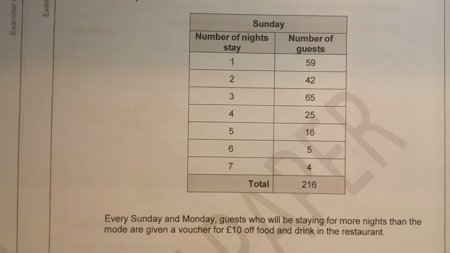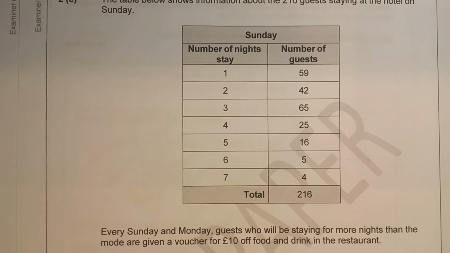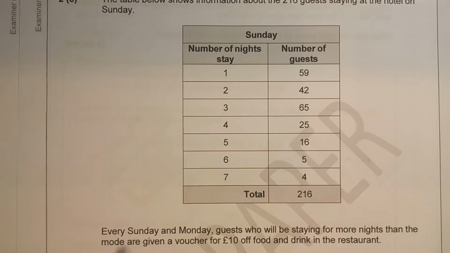Right, so let's go back and work out what we have to do. So it says, every Sunday and Monday, guests who will be staying for more nights than the mode are given a voucher for £10 off food and drink in the restaurant. So we're interested in what's the value of these vouchers? And to know that, we need to know the guests will be staying for more nights than the mode.